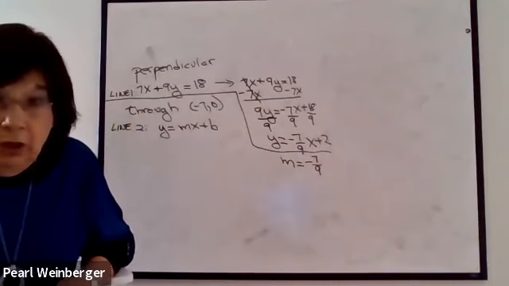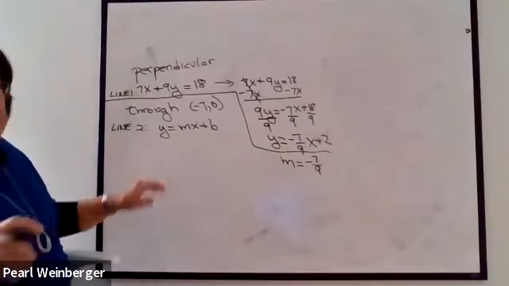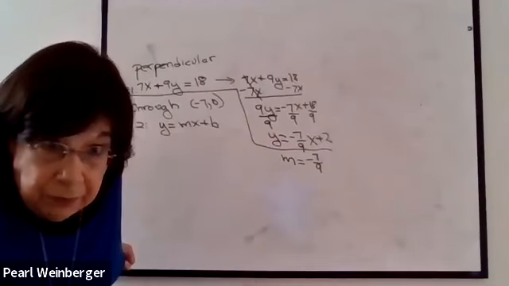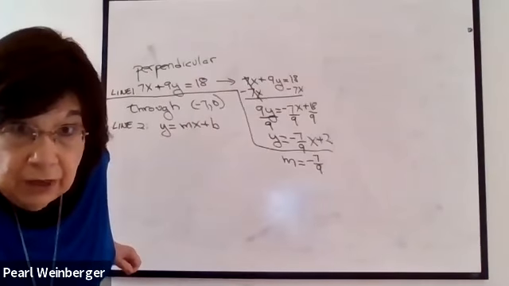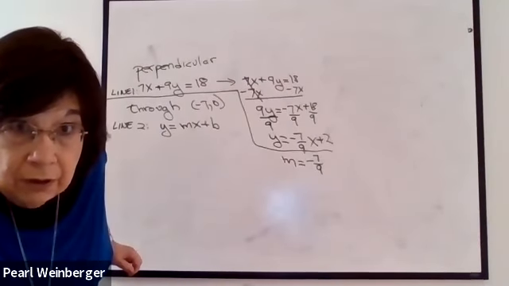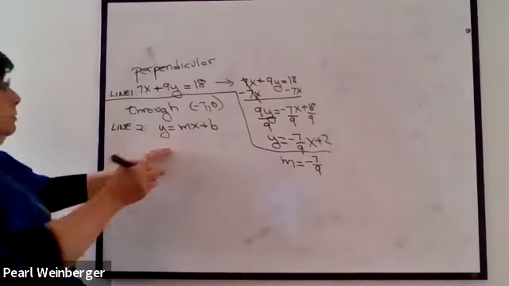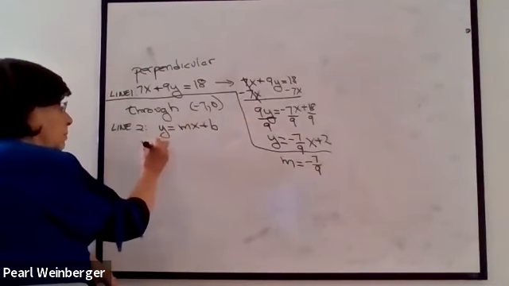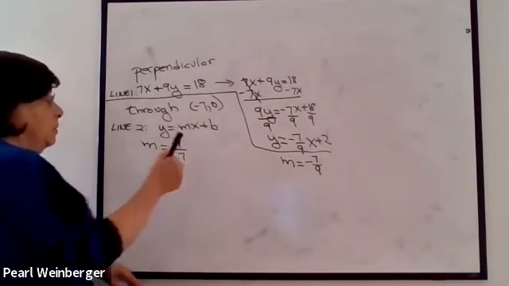And my new line then would have to have a slope of, and I see a couple of people have put it in the chat, positive 9 over 7.